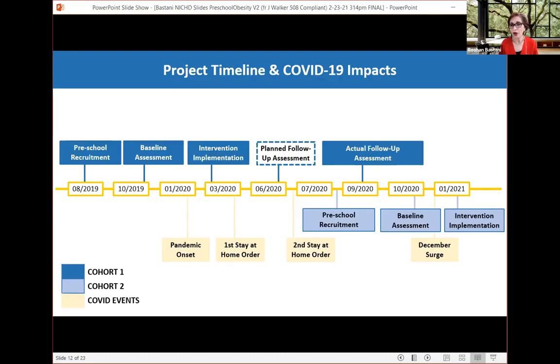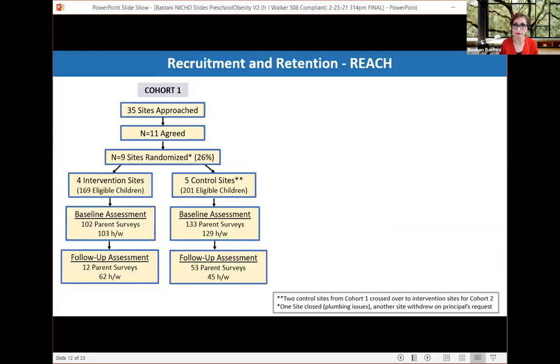Our planned follow-up assessments were disrupted as well, and we had to push that back. We began recruitment of our second cohort because things started to improve a little bit in Los Angeles. And then over late November, December, we were hit by a really, really bad surge, and a lot of things had to close down.